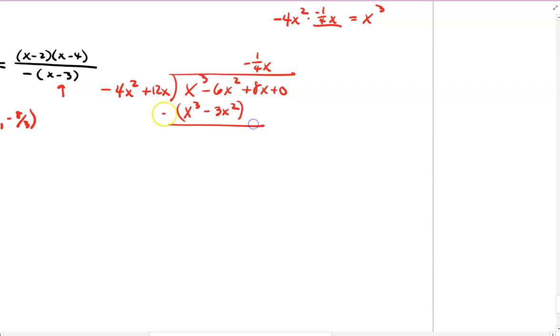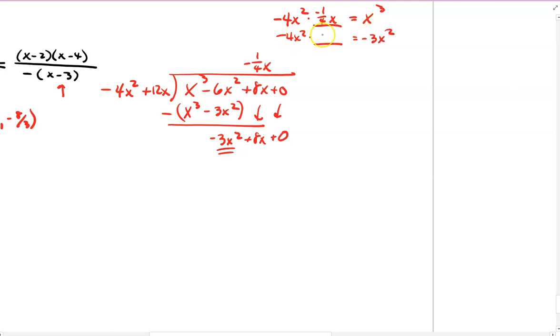And when I subtract these two, well, -6 plus 3 is -3x squared. And I can bring these 2 factors down if I need to, which I don't think are necessary in this case, but we'll do that to be consistent. Our next guess has to be -4x squared multiplying by something to equal our new target of -3x squared.